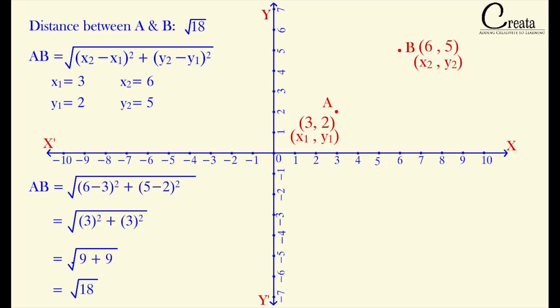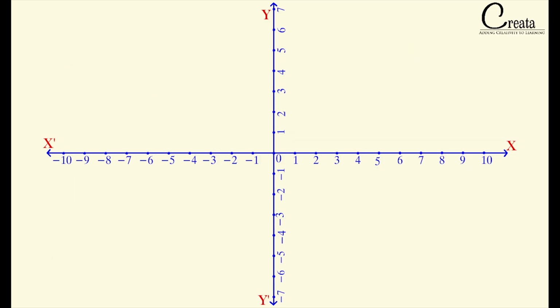Now moving further, the actual trick to apply the formula comes when the 2 points are in 2 different quadrants. Or we can say when one coordinate is having the positive symbol and the second coordinate is having the negative symbol. Let's see what I am talking about. The second case that we have done, where our point A is 4, 3 and our point B is minus 5, minus 2.